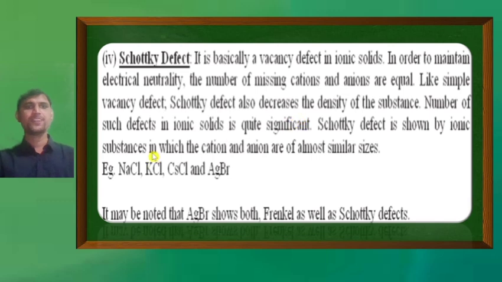Note it. The number of such defects in ionic solids is quite significant. For example, NaCl, KCl, cesium chloride, silver bromide. It may be noted that AgBr shows both Frenkel as well as Schottky defect.